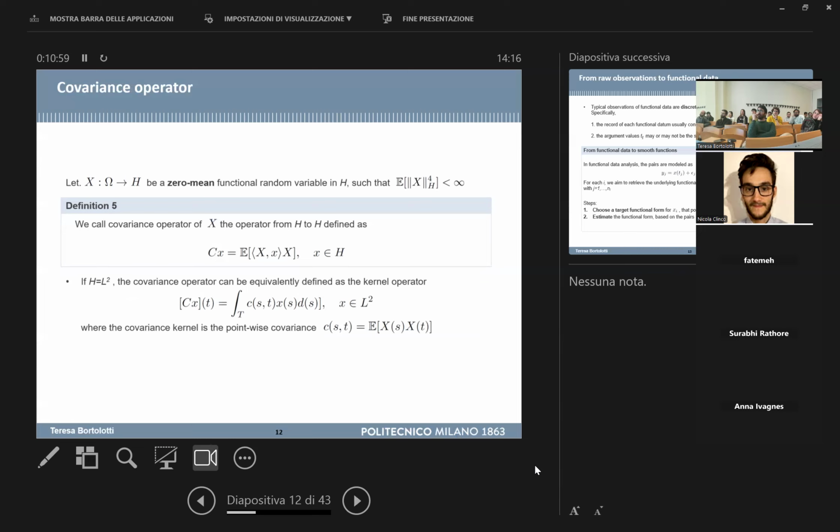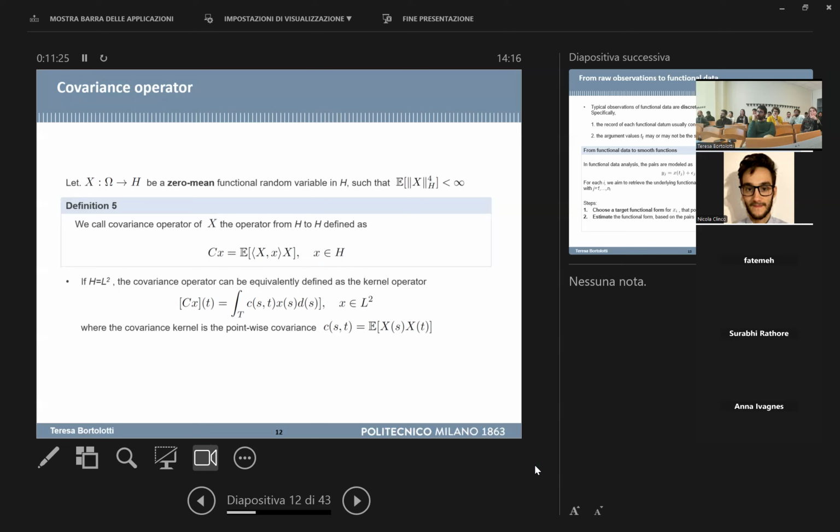If X is a zero mean functional random variable in H, and it satisfies a condition of regularity, so the expected value of the fourth power of its norm is finite, well, the covariance operator takes this form here. It's an operator, of course.